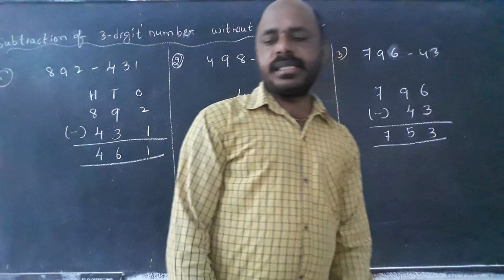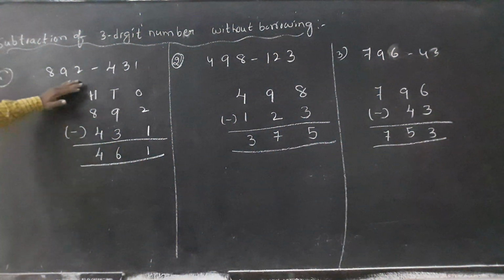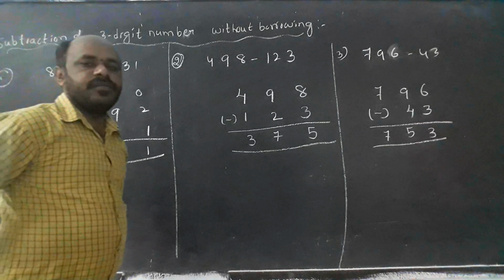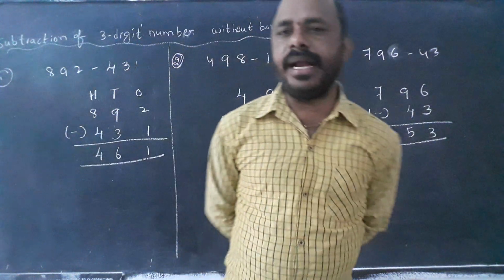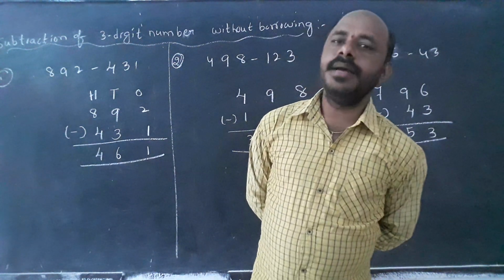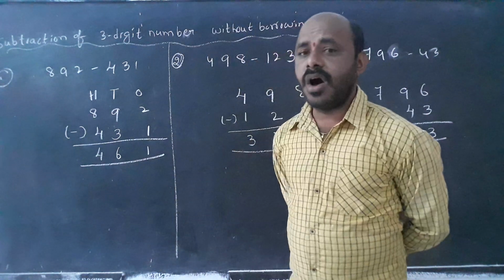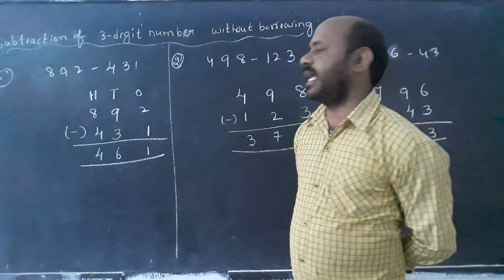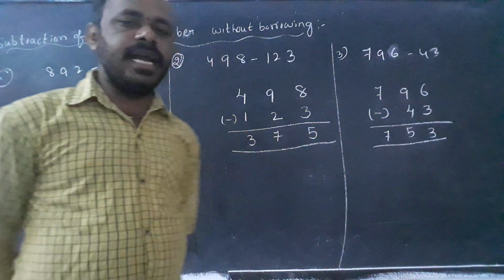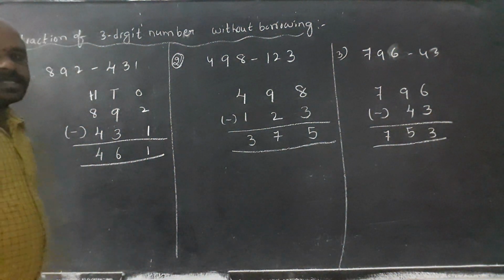One more time I explain. Whatever numbers are given, we have to write them vertically according to the place values. Subtraction should always be done from right to left, meaning from the smaller place value to the bigger place values.